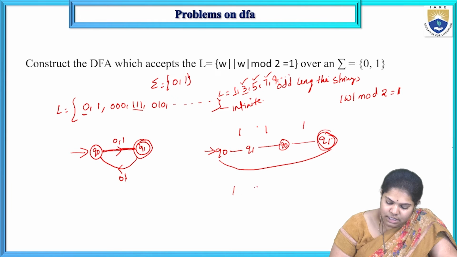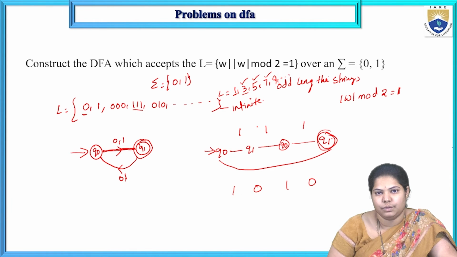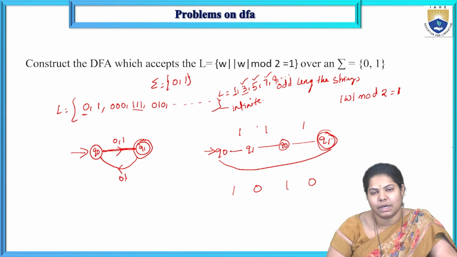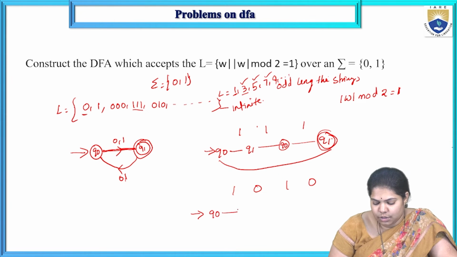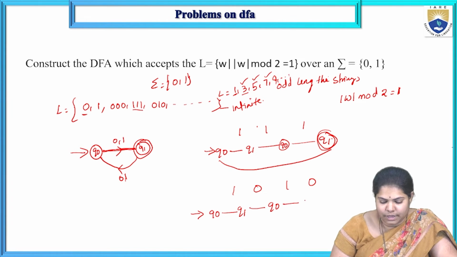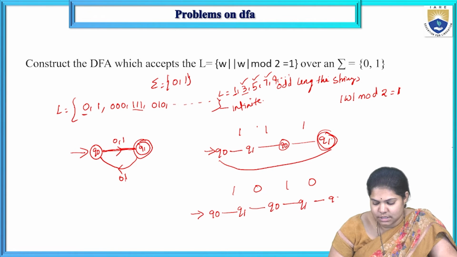If I take the string 1010, it is a string of length 4 and it should not get accepted by this finite automata. On Q0 on 1, it reaches Q1. Q1 on 0, it reaches Q0. Q0 on 1, it reaches Q1 and Q1 on 0, it reaches Q0.